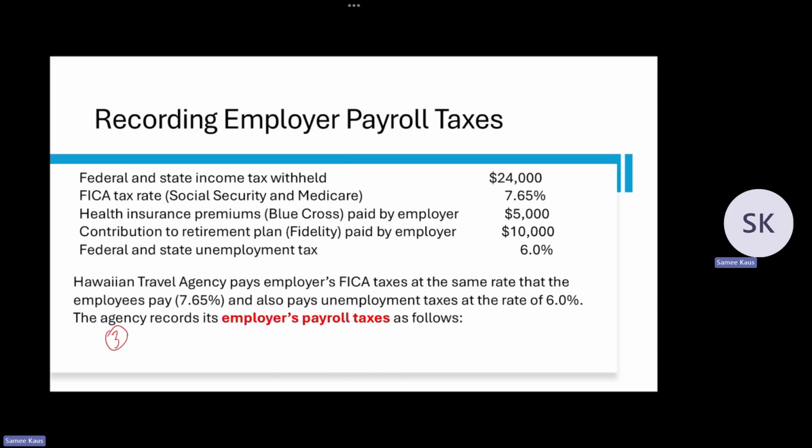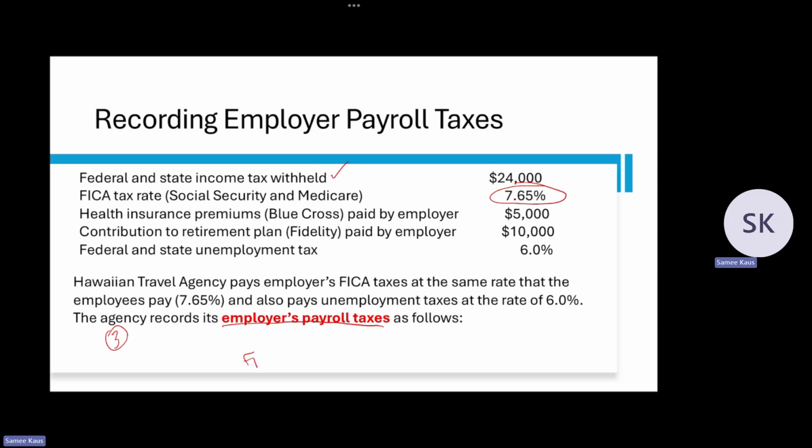And the third journal entry is going to be my employer's payroll tax. So what do we have left that I haven't considered? Well, I know this is my employee. Okay, wait a second. I know that the employer has a matching 7.65% on their total FICA tax because the employer and the employee both pay it.